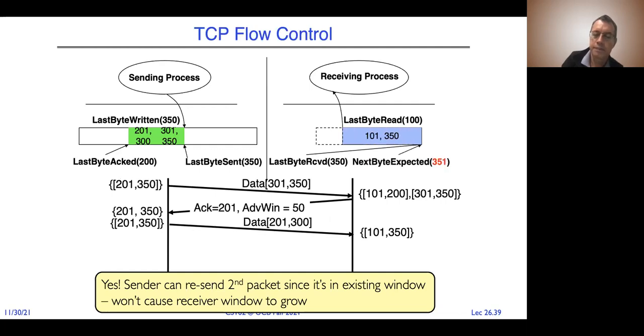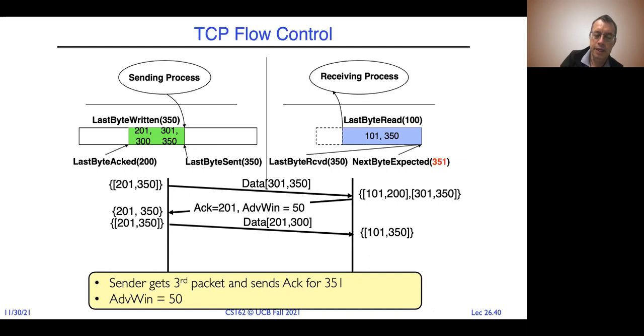So anyway, now if finally you get the next packet, the lost packet, the receiver gets the lost packet. Now he has everything. It's got up to 350. The acknowledgement will contain 351, which is the next sequence number it's going to wait for.